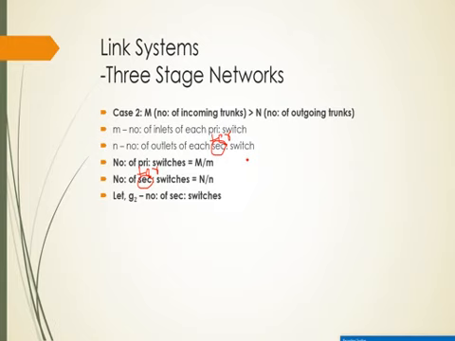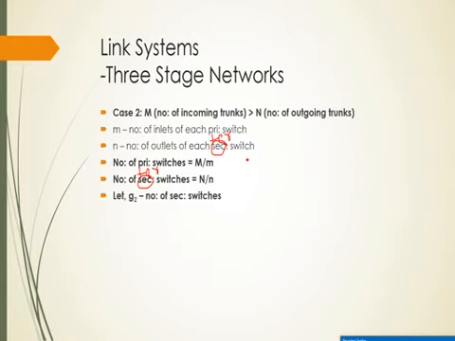So the cross points per primary switch turn out to be m into G2. Similarly, the number of cross points for each secondary switch is the number of inlets for the secondary switch into the number of tertiary switches, which turns out to be M by m into N by n.